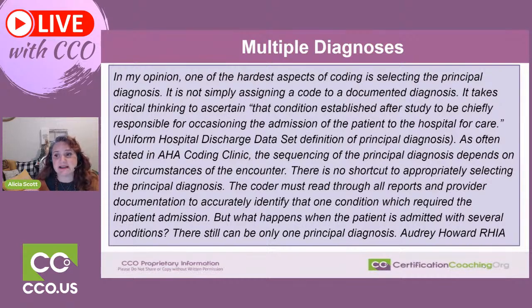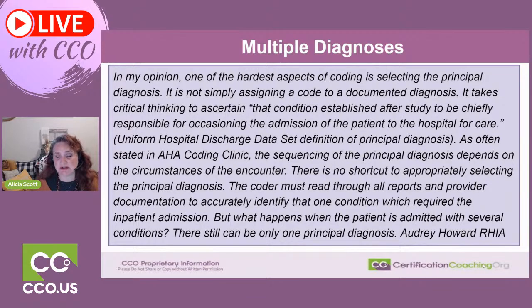She states it takes critical thinking to ascertain the condition established after study to be chiefly responsible for occasioning the admission of the patient to the hospital for care. This is a direct definition from the Uniform Hospital Discharge Data Set, abbreviated UHDDS. You may be familiar with that. If you're dealing with inpatient coding, then you probably are.